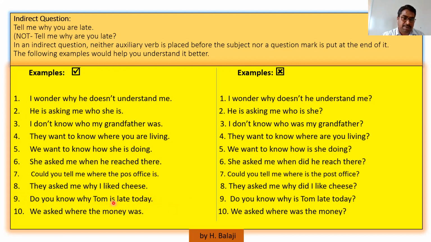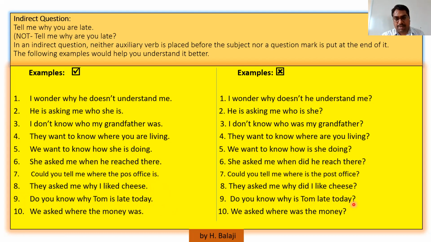Because the helping verb is used after the subject, and there is no question mark at the end of it. Right? Why is there no question mark at the end of it? Because this is an indirect question, and there is no question mark at the end of indirect questions, right? And here, do you know why is Tom late today?